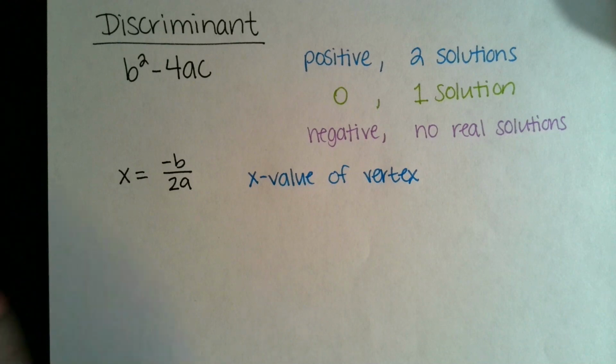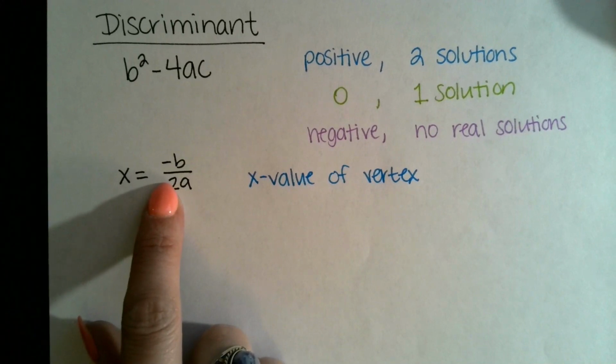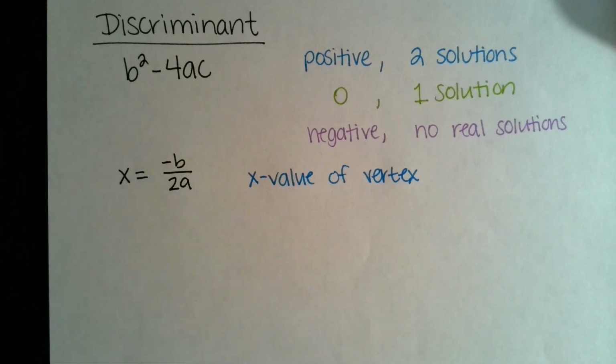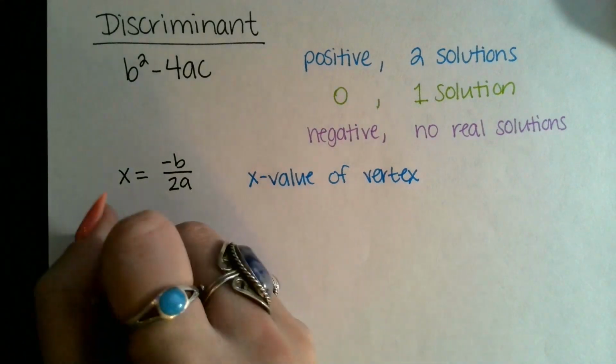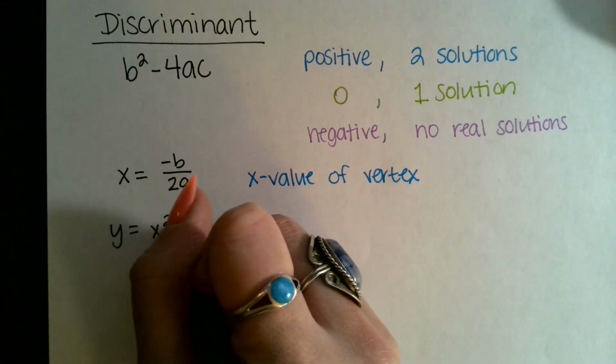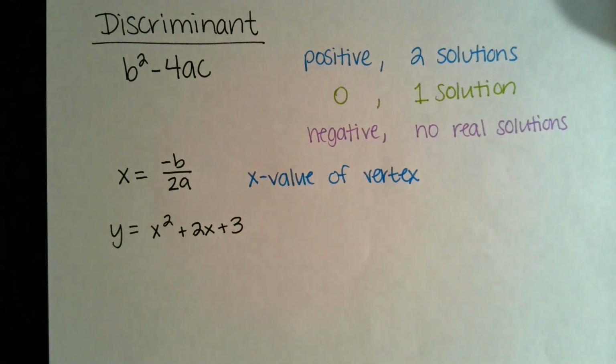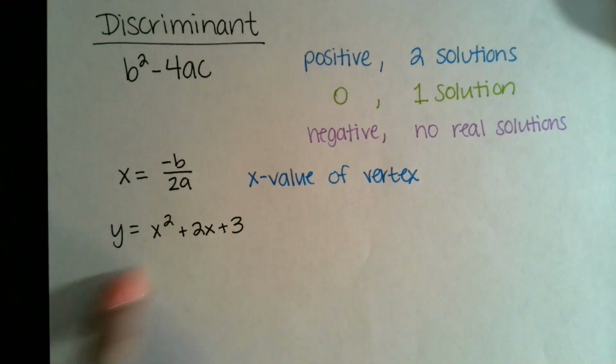We are going to use that for our very last piece today to rewrite a quadratic from standard form to vertex form. So given the quadratic y equals x squared plus 2x plus 3, we are going to rewrite that in vertex form, which starts with finding the x value of the vertex.